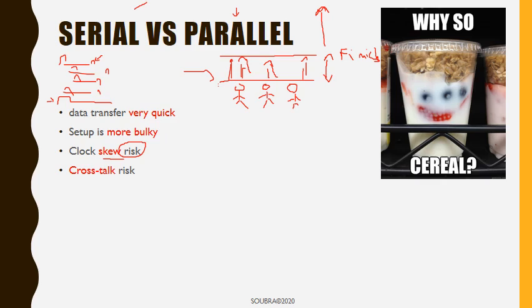Do we have a big risk in the serial one? Well, because we're using only one line for the data, so only a few wires, 1 to 2 wires, one for data at least and an optional one for clock. We'll see why an optional one.